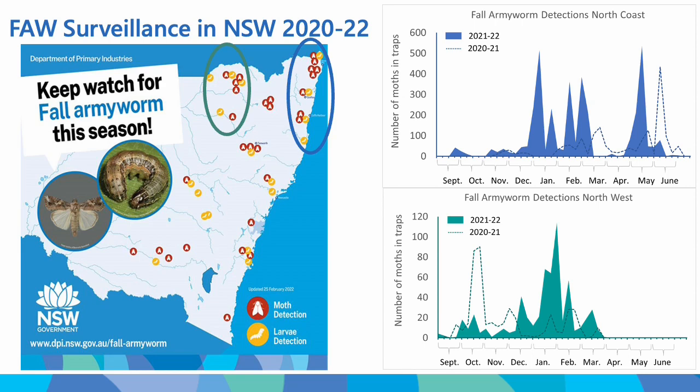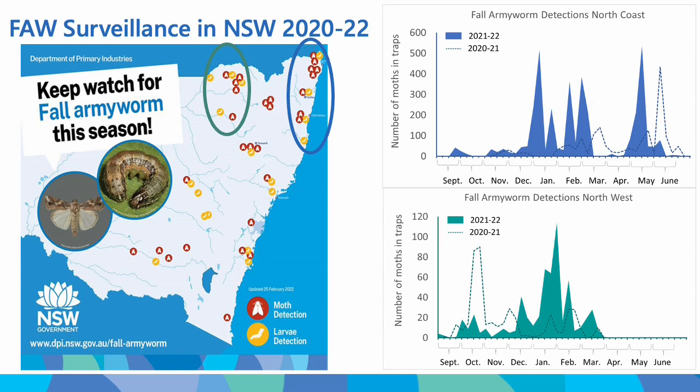And you'll see the kind of seasonal fall armyworm variability that we've had already in New South Wales in these graphs here, which just show the trap catch data from 2020-21, which is the broken line on those graphs, and last year's trapping data, which is the coloured area under the line.